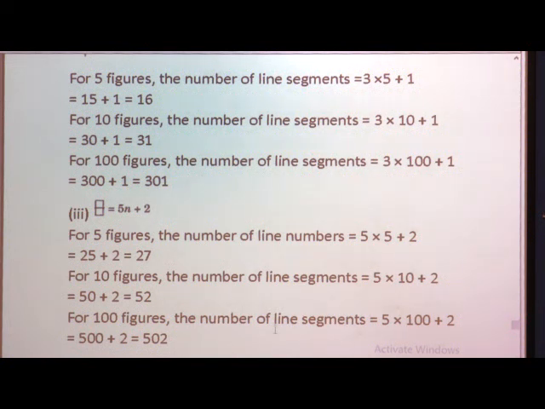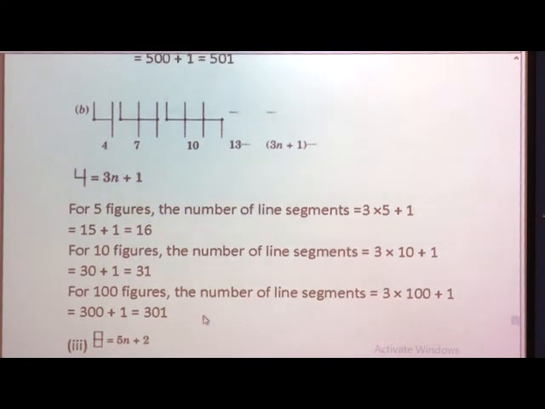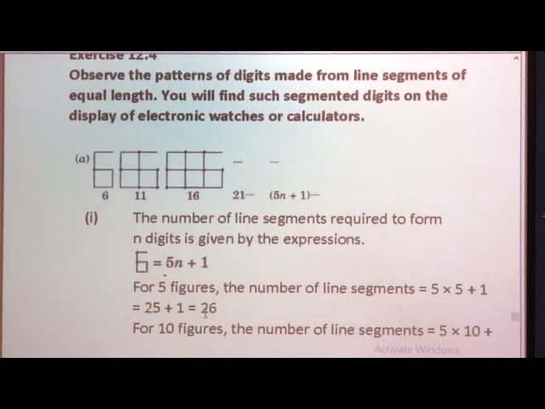If you prepare 10 patterns, you have to multiply with 10 and we will find how many sticks or line segments are required. This you can do as an activity with the help of a matchbox.